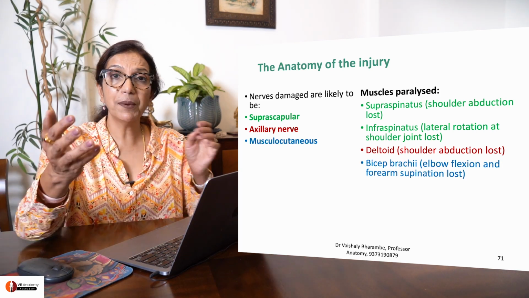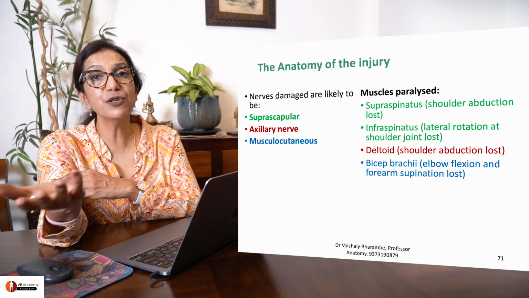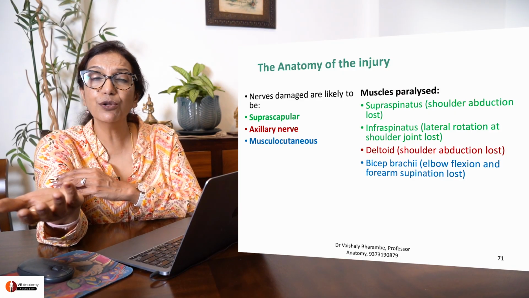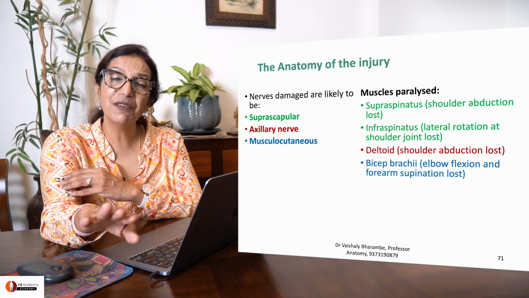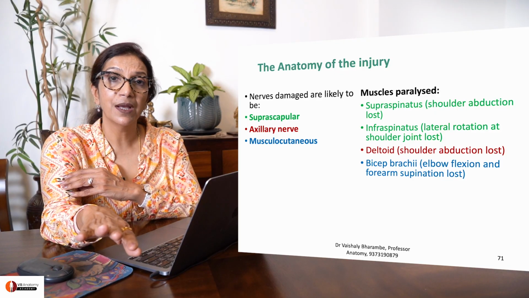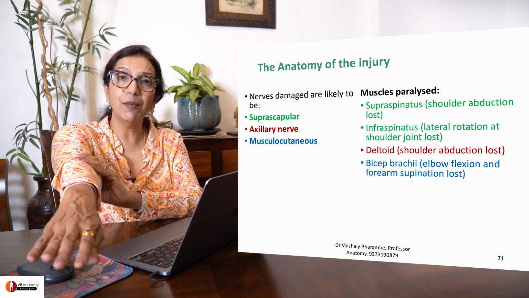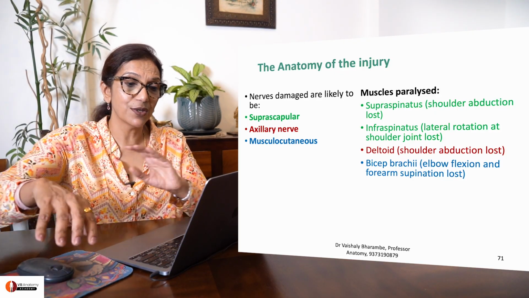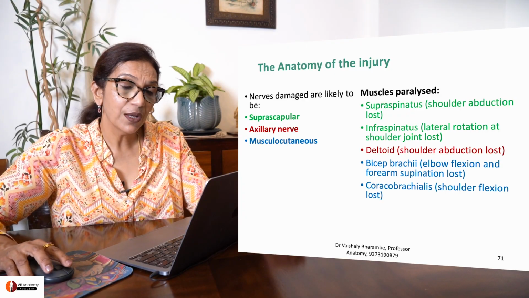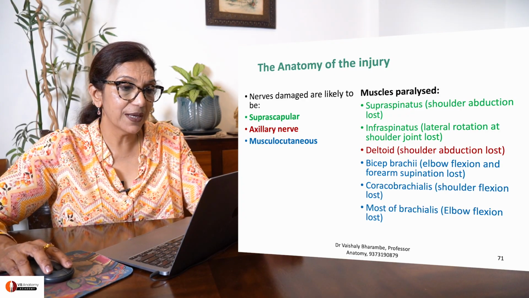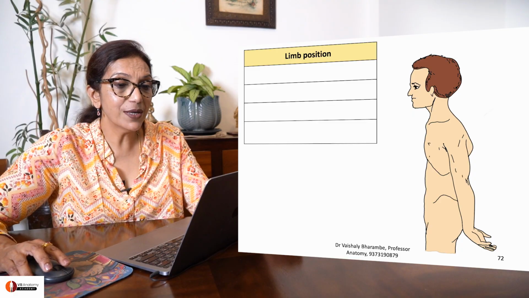Musculocutaneous supplies the biceps brachii, which is a powerful supinator. If the supinator is not acting, the arm will be found in a pronated position. If the flexor is not acting, the arm will be found in an extended position. Coracobrachialis is also affected, so is brachialis. So what is the position?